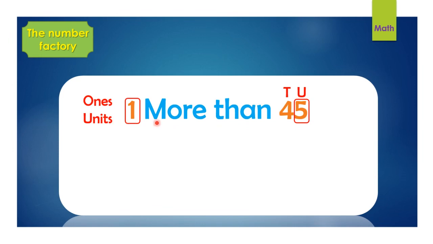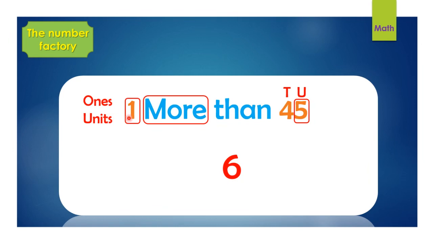So he said here more, which means I'll add. So 1 more means that I'll add 1. Okay, I'll add 1 to the units place. When I add 1 to 5, what is the number after 5? 6. So here the number is 6.